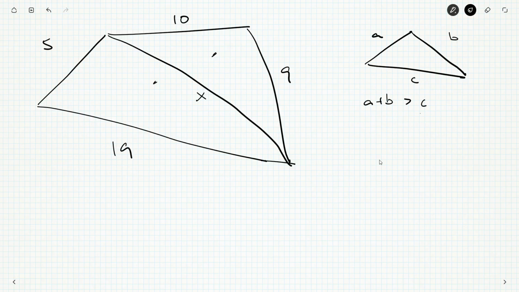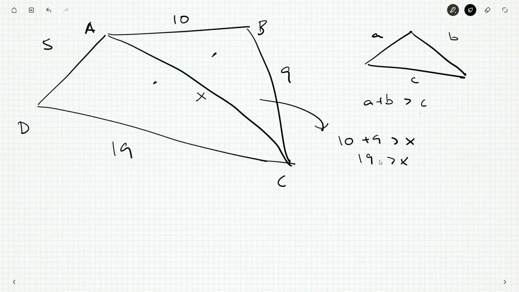Okay? So I can see, for example, 10 plus 9 has got to be more than X. But 10 plus 9 is 19. So now that tells me with A, C, D that 19 is definitely the longest side. Okay.